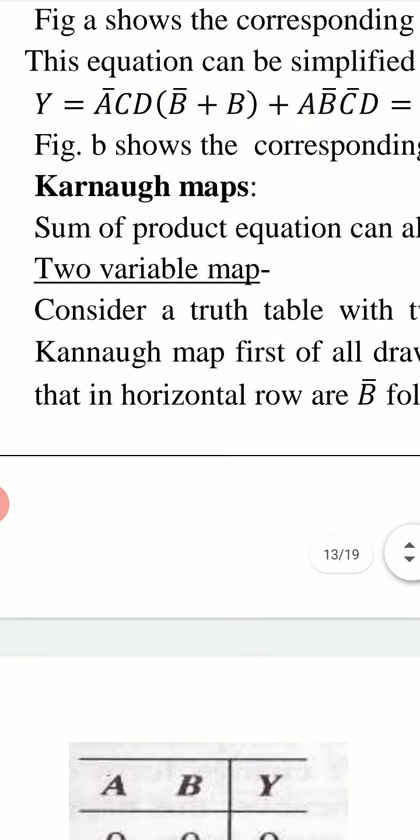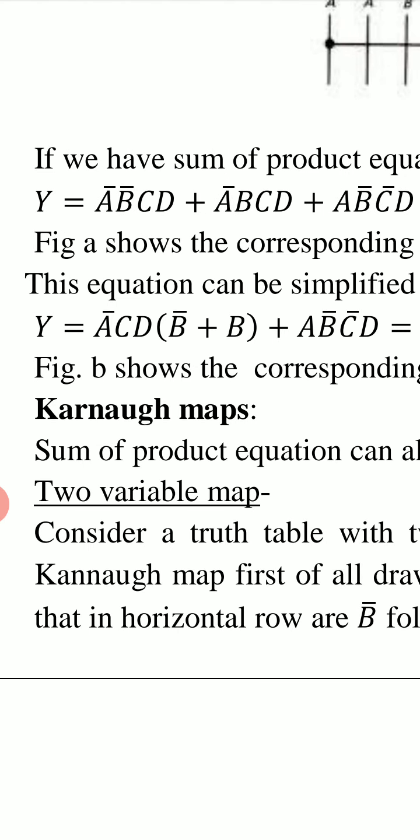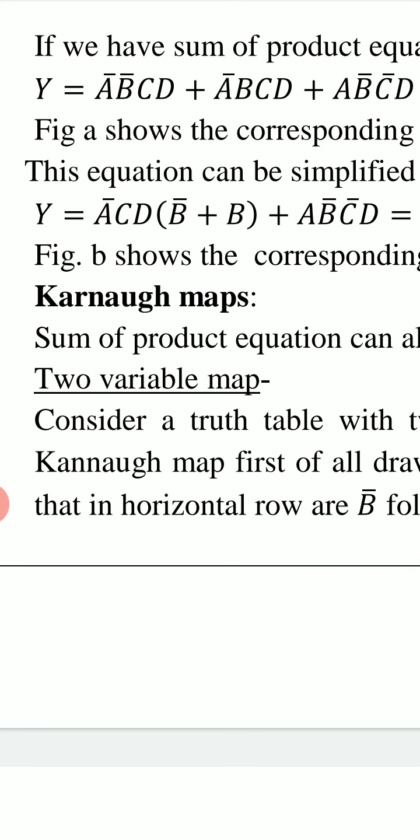One way of simplifying a logical expression was by using Boolean algebra, and the other method is by using Karnaugh maps. So we will see what Karnaugh maps are, how they are constructed, and how they are used in simplifying a logical expression and finding a simplified logic circuit producing a given truth table.